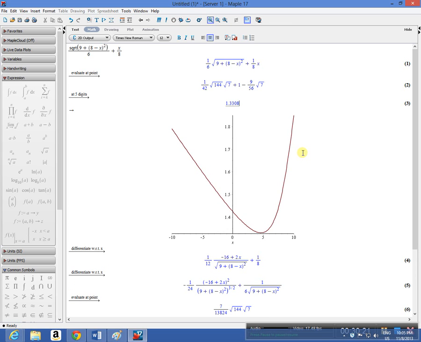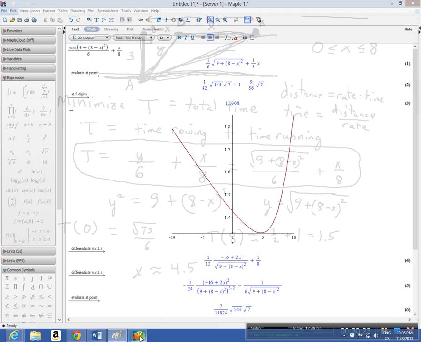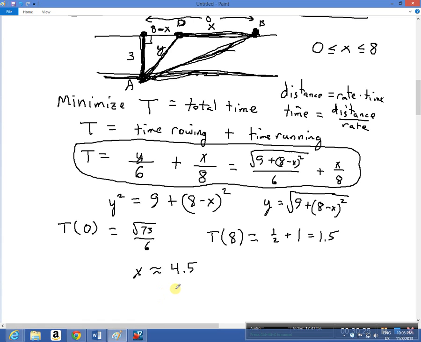And that's about 1.3. Okay, so coming back to our page here, we can say that when x is approximately 4.5, then t at this point is about 1.3.